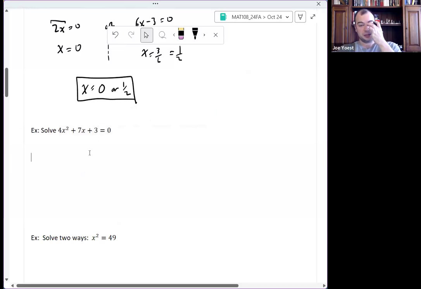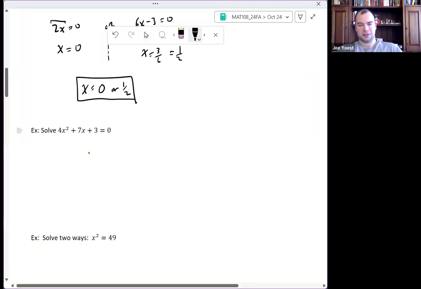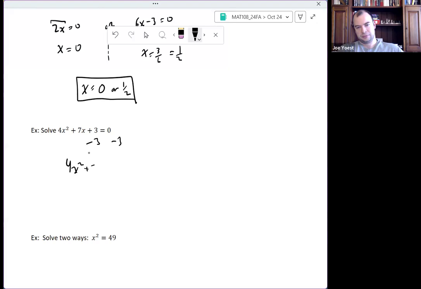Okay, so let's look at this equation. 4x squared plus 7x plus 3 equals 0. If we want to solve this, we might be tempted to try to isolate the variable. That would be a perfectly reasonable thing to think should work. But I see that I have an issue. I have two unlike terms that have the variable in it.